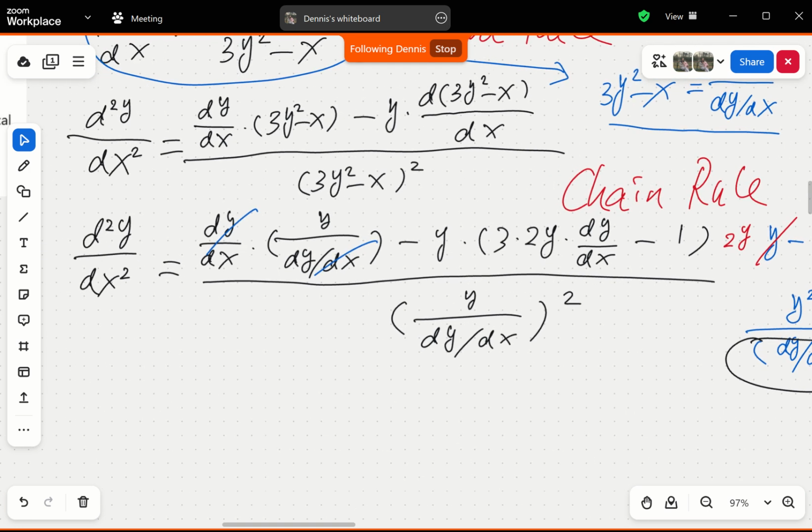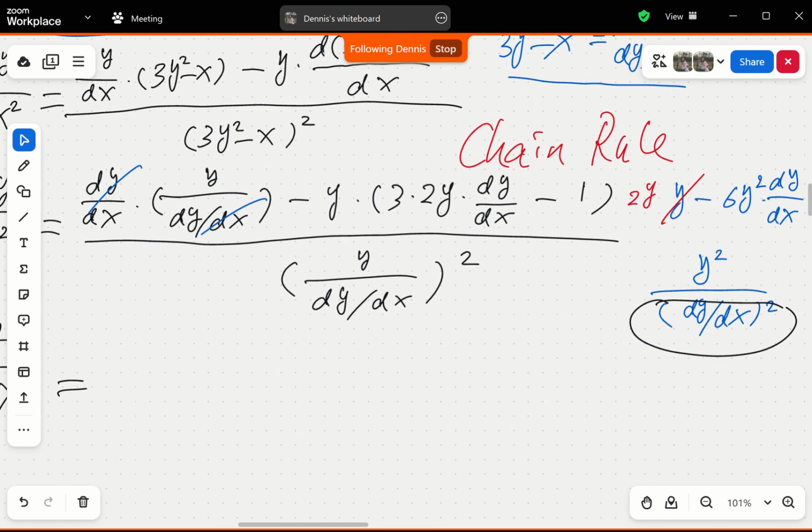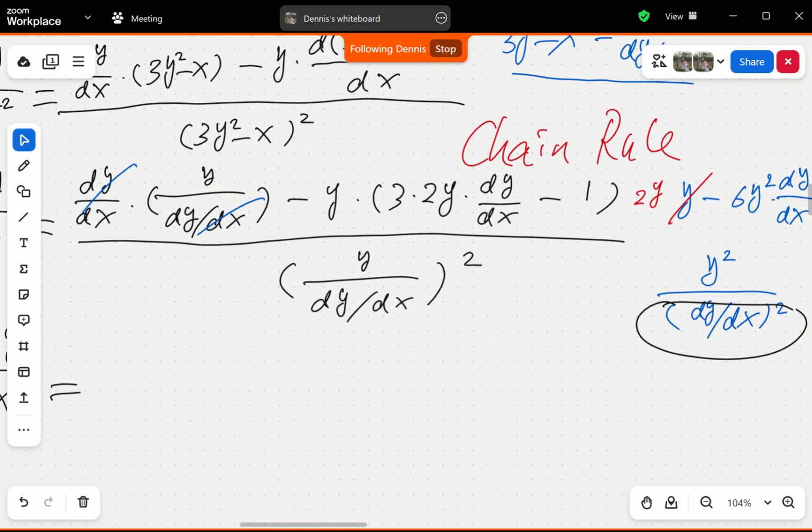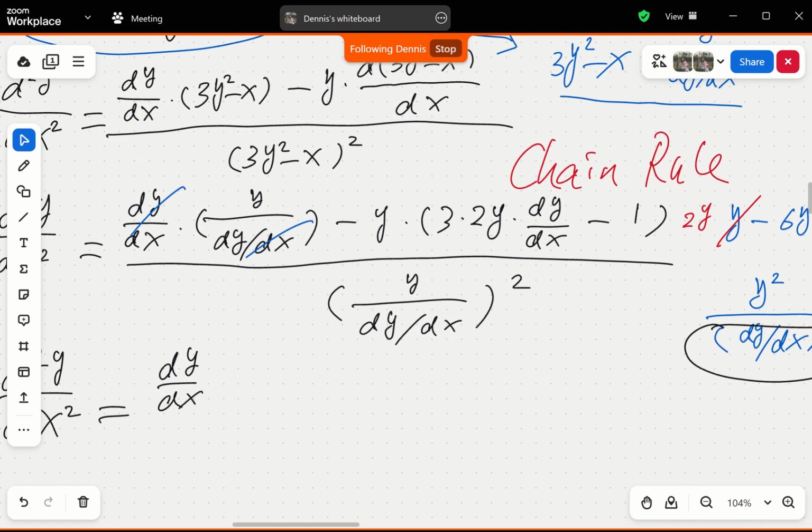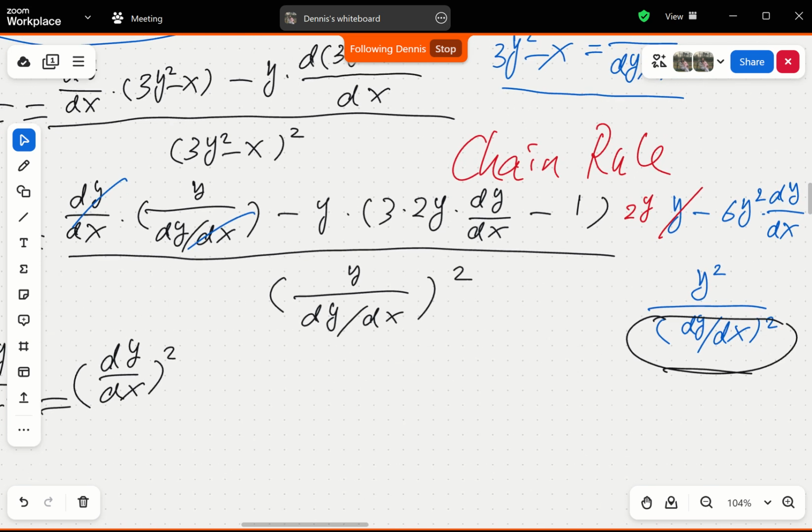So we simplify the expression of the second derivative of y with respect to x as we multiply the numerator by dy with respect to x squared, multiplied by this one, 2y minus 6y squared dy with respect to x.